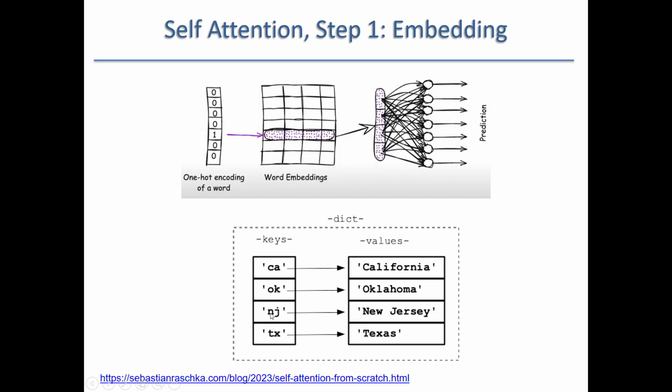If you give OK as key, then the return value will be Oklahoma. But you can have a dictionary of the unemployment rate in the different states, and then California will have its number, Oklahoma will have its own number, and so on. So what we will learn in attention is a dictionary, and we will combine the outputs of this dictionary depending on what is the word that we have at that moment.